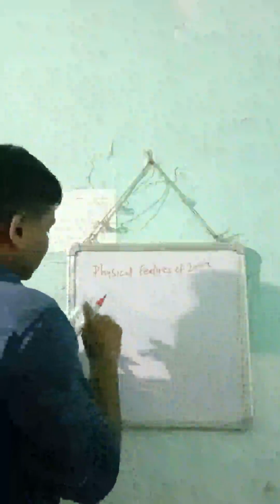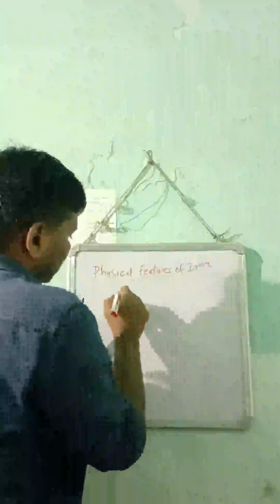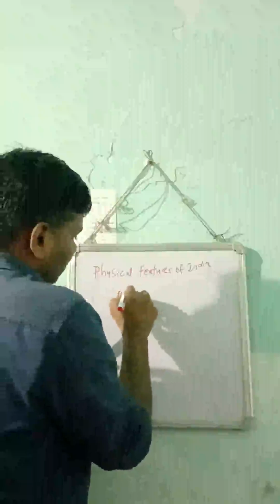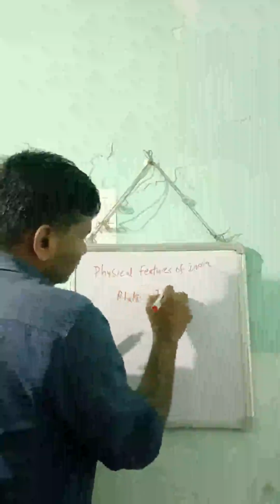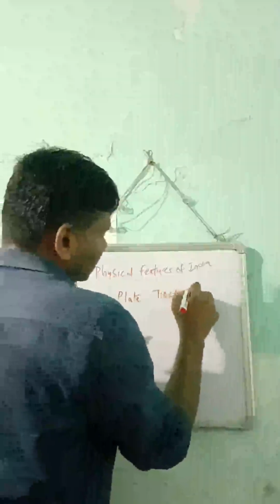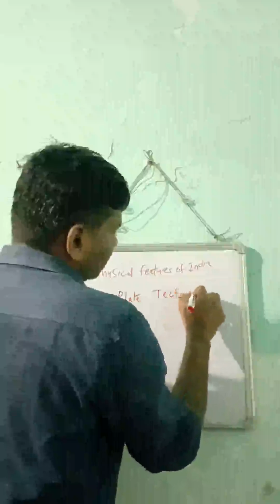Understood? Plate tectonics. Generally, plate tectonics are of three types.